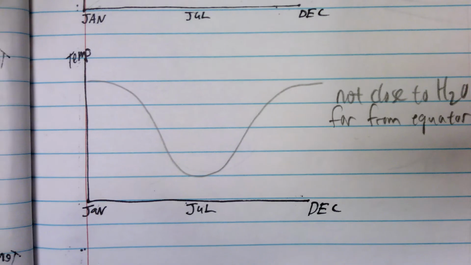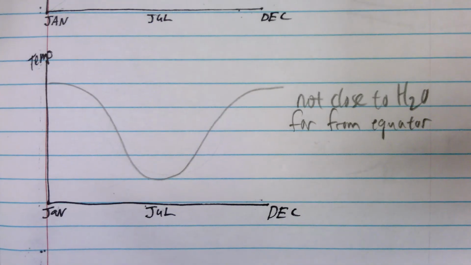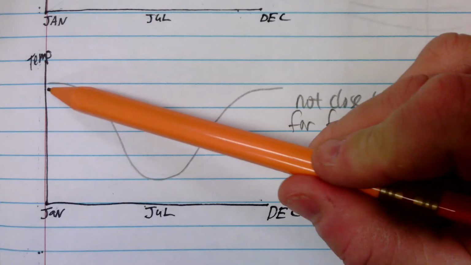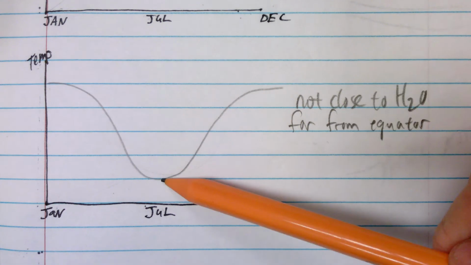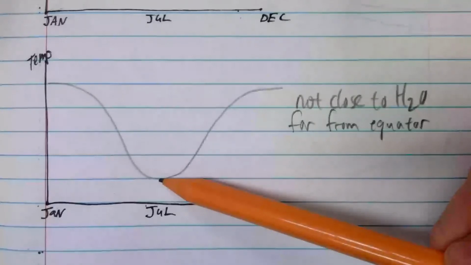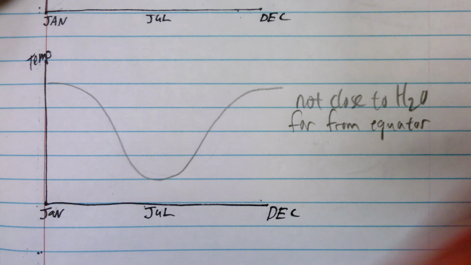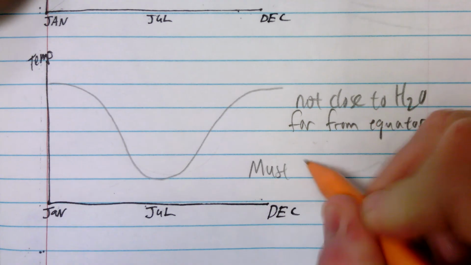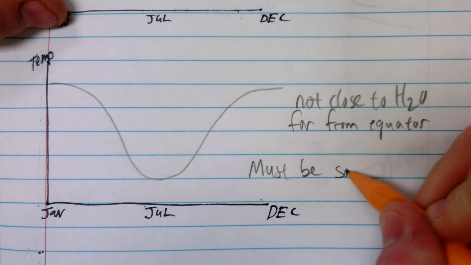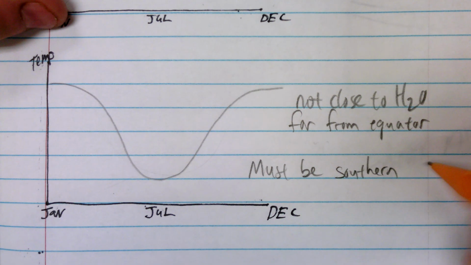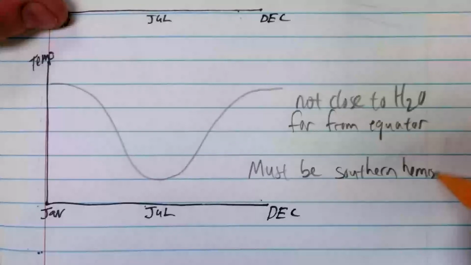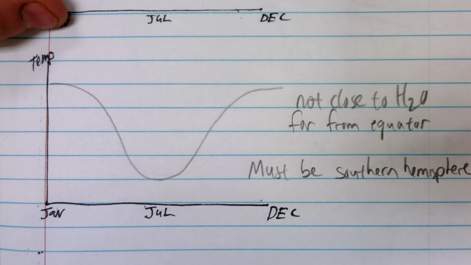So what determination can we make about this place? If it's hottest in January and coldest in July, that means this place must be in the southern hemisphere. It's got to be, because remember, the southern hemisphere is backwards from the northern hemisphere.